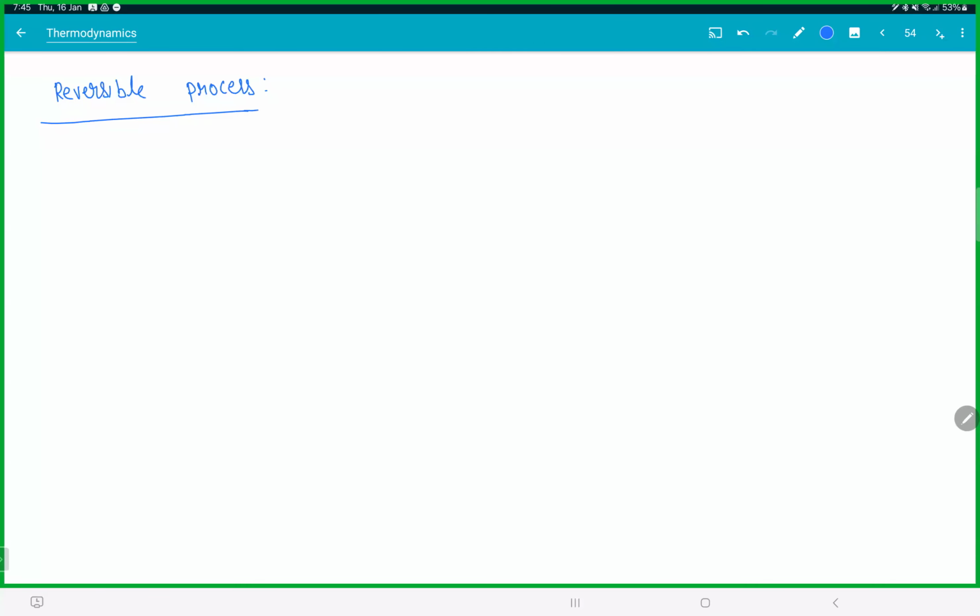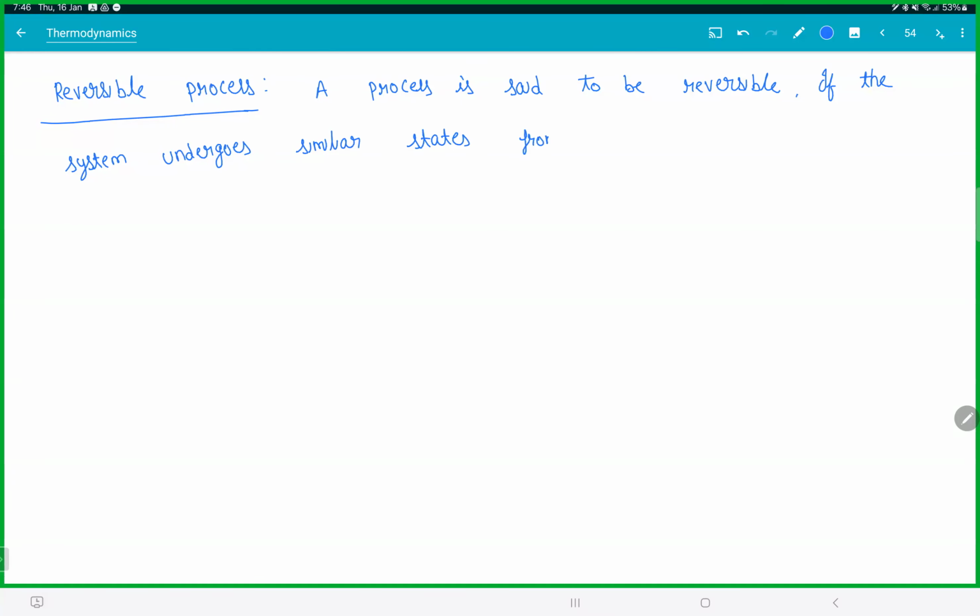Okay, let's see. What's a reversible process? A process is said to be reversible if the system undergoes similar states while coming back from final to initial state.